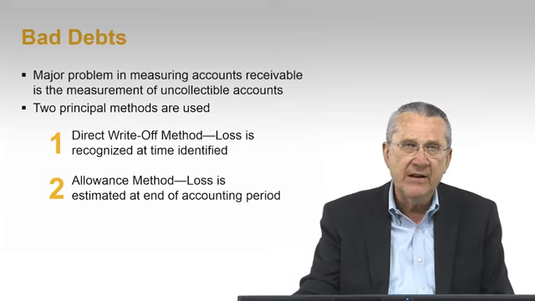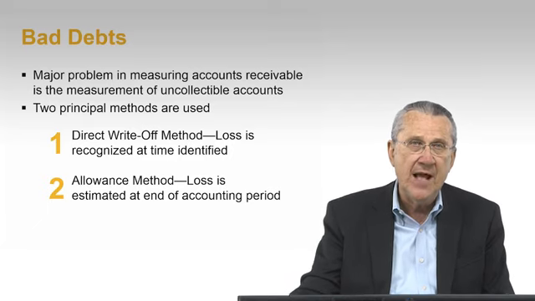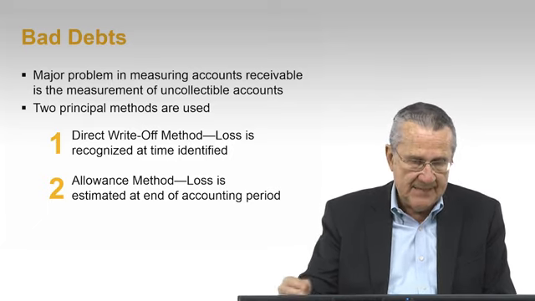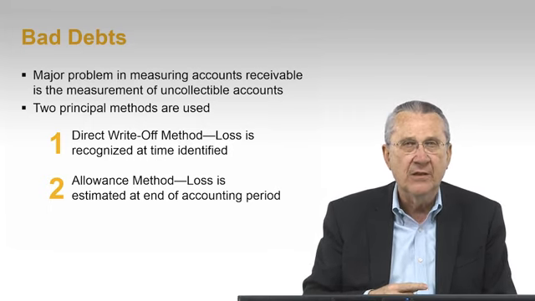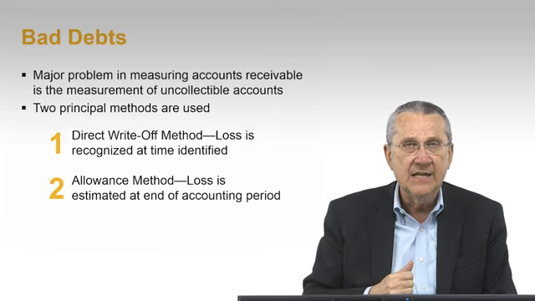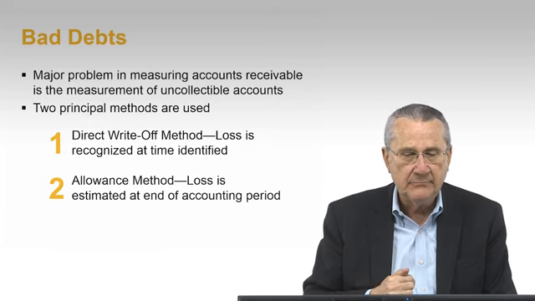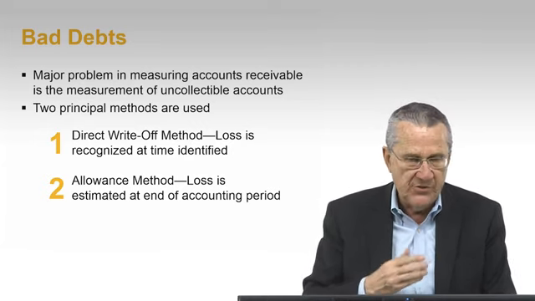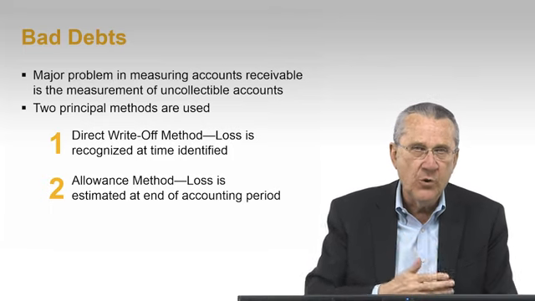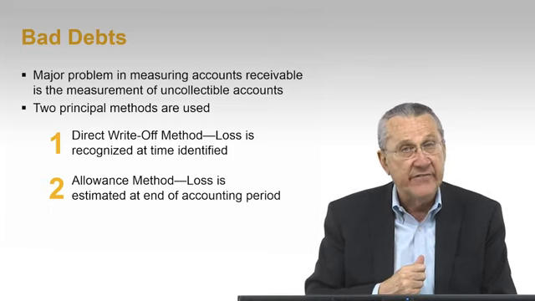We've said just about everything that we need to say about receivables. The problem in accounting for accounts receivable is the measurement of uncollectible accounts. Now, why do you ever allow someone to leave your business with your goods and not having paid for them?